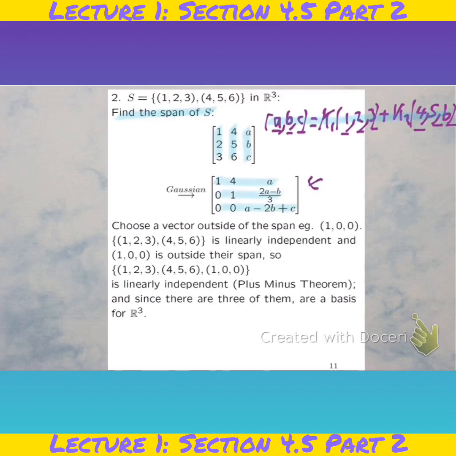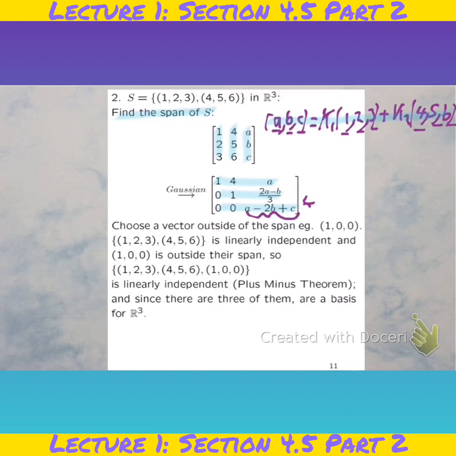I want to know, when is this system consistent? When is it not inconsistent? The last row will give me a clue. It will be consistent if this expression is equal to 0.